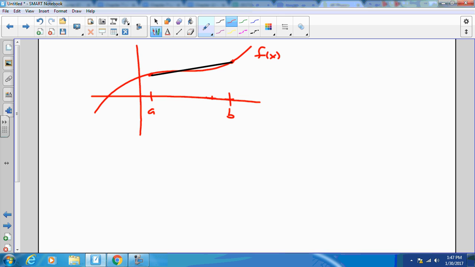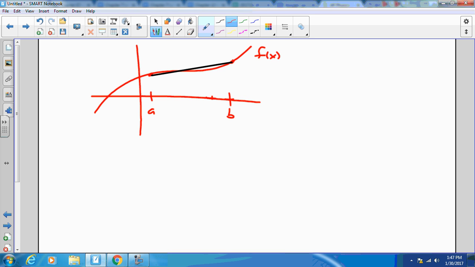And that helper function is going to be eligible for Rolle's theorem. And I'm going to apply Rolle's theorem to find a point where our helper function has a horizontal tangent. And that point will be the point C that I'm looking for.